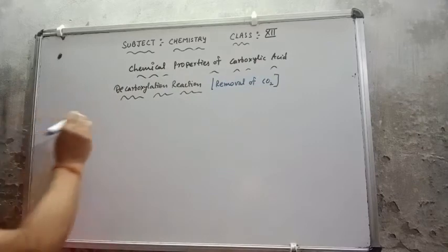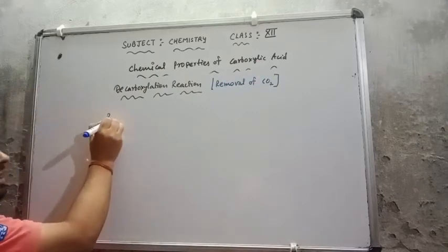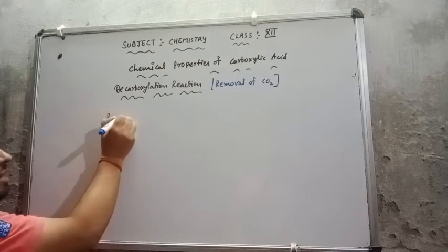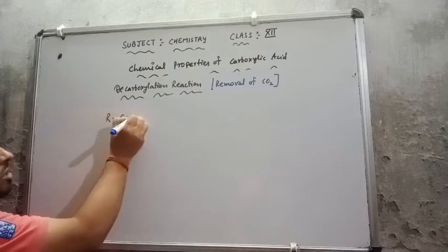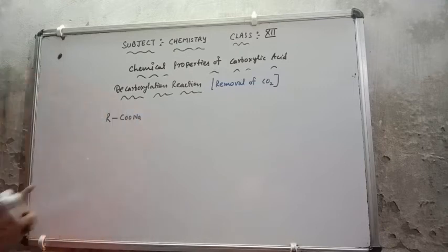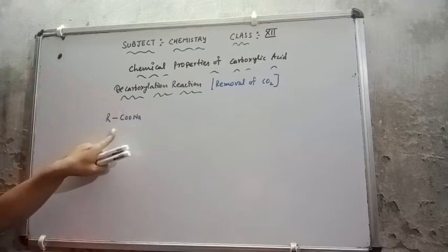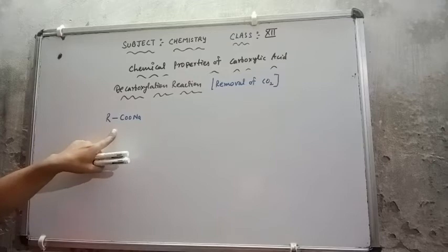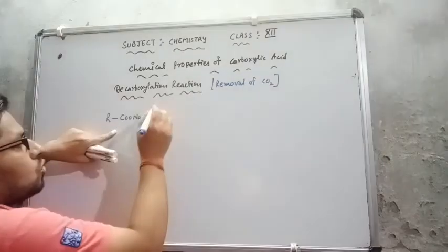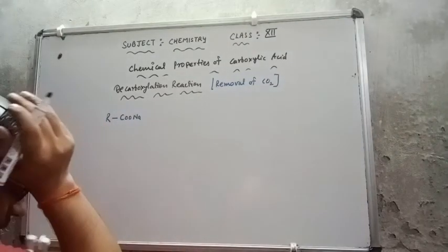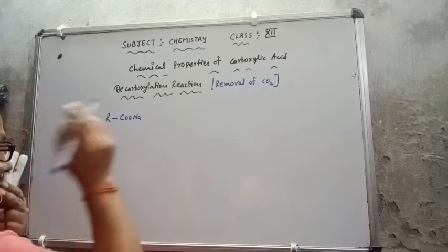Now, how will this decarboxylation reaction take place? We take the sodium or potassium salt of carboxylic acid. So this is the sodium salt of carboxylic acid. It is reacted with soda lime. What is soda lime? Soda lime is the mixture of NaOH and CaO.